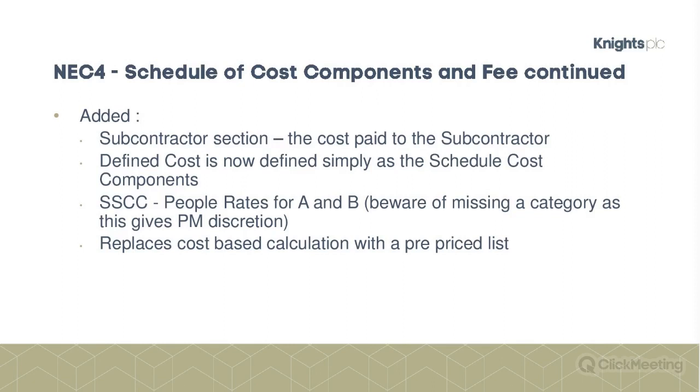But what you don't need to do is that tortuous exercise of proving what you pay Fred Bloggs, what his national insurance costs you, what the tax costs you, what his health insurance, his company car, blah, blah, blah, costs, because you just have a specific rate.